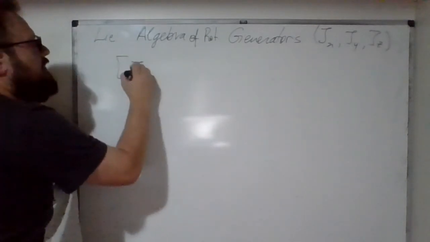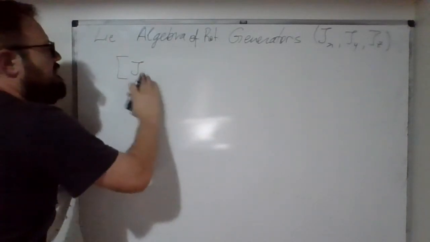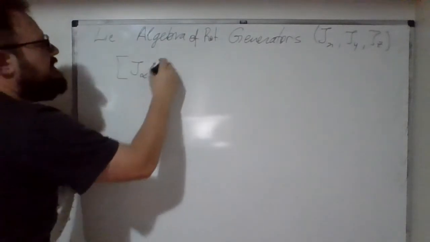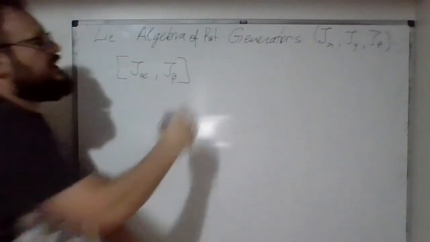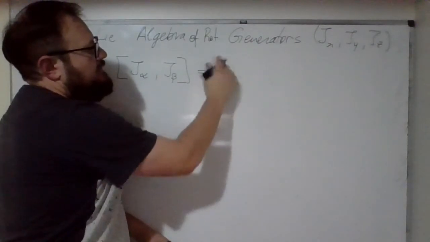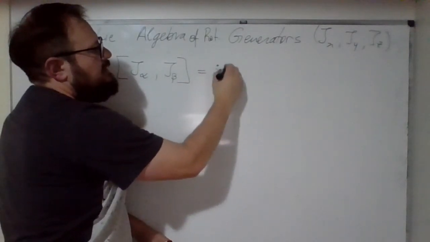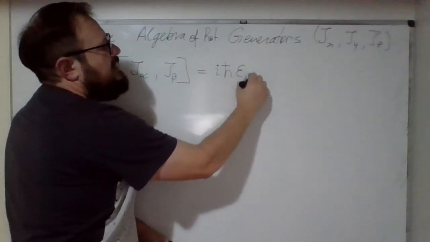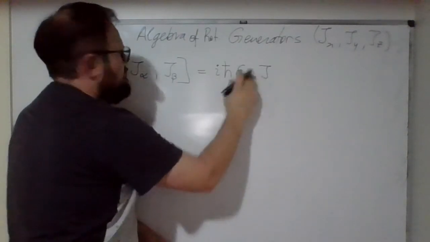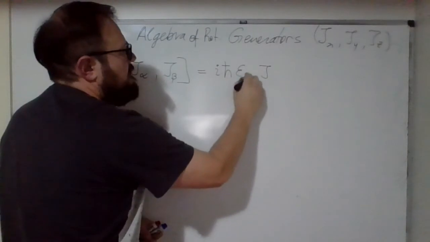They are the following. If you pick some alpha component, you commute it with the beta component, you'll find i ħ epsilon alpha beta lambda J lambda.